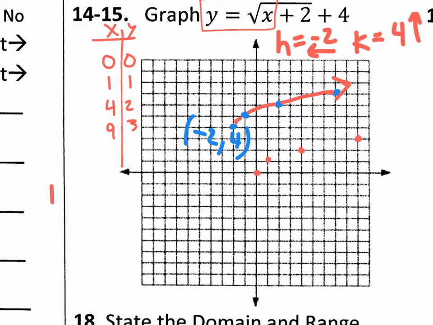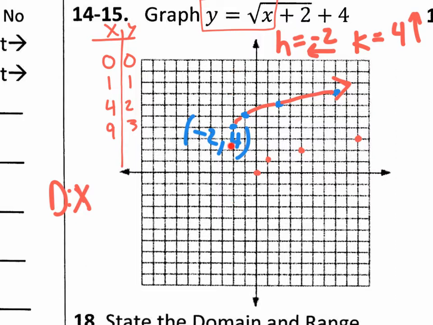So if you want to state your domain, you're going to say x is, and you got to think x is left and right. So is this graph to the left or is it to the right? It's to the right, which means it's going to be x is greater than a certain value. X is greater than what value? See, here's 0, here's -1, -2.